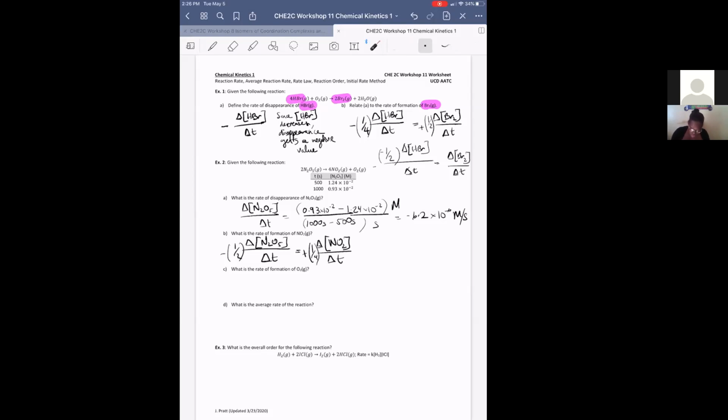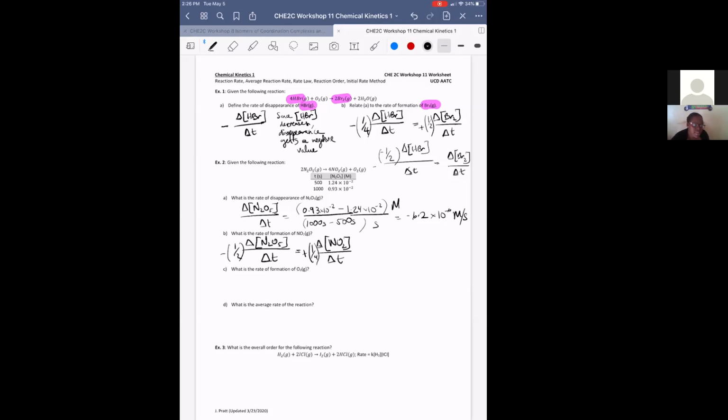Based on the stoichiometric values of 2 and 4 that we see here, we can take them to our rate relationships. So we're saying that negative a half of the change in concentration of N2O5 is equal to a fourth of the change in concentration of NO2.